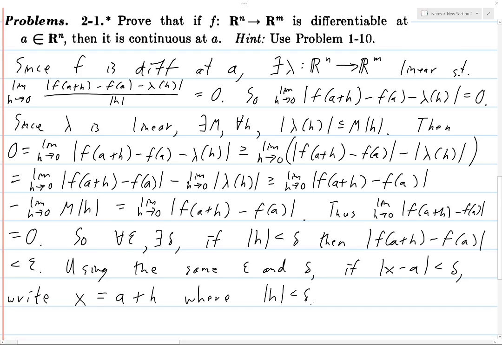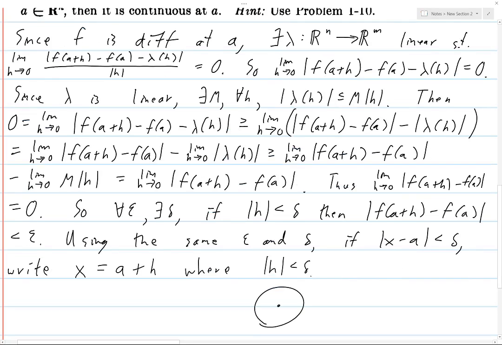And this you can just see from, like, you could draw a picture. You've got a here, and this radius is delta, and x is within delta of a, then there's this segment between a and x, which you could call h, and the length of this segment h must be less than delta, because otherwise x could not possibly be within a delta ball of a.